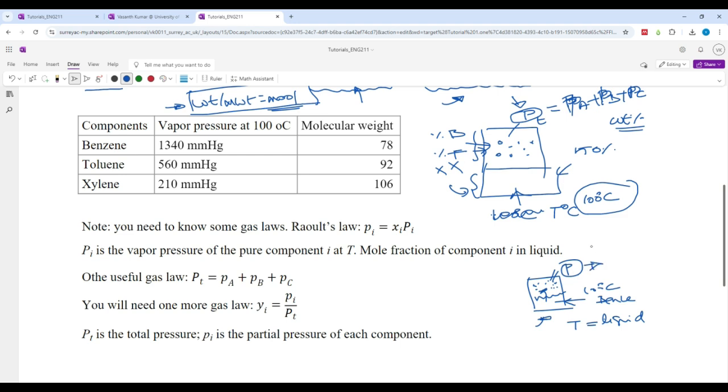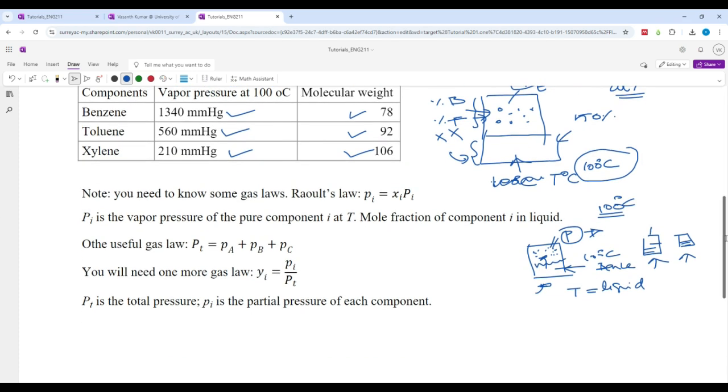And we have this value for all three components at 100 degrees centigrade, which means we have to do three different experiments with pure benzene, pure toluene, and pure xylene, and then we get the vapor pressure, which is given here. So the vapor pressure at 100 degrees centigrade is given for benzene, toluene, and xylene, and obviously we have their molecular weights. So this is information which is already given in the problem.